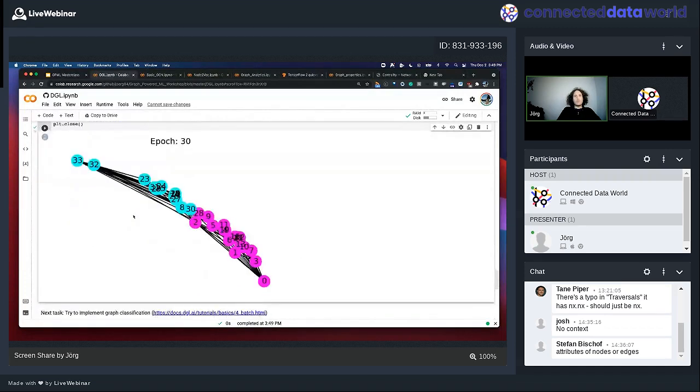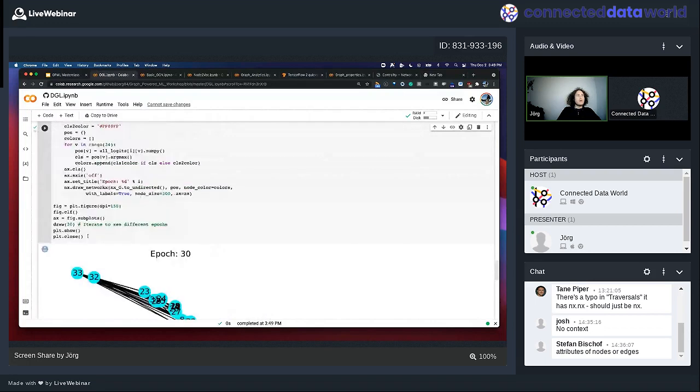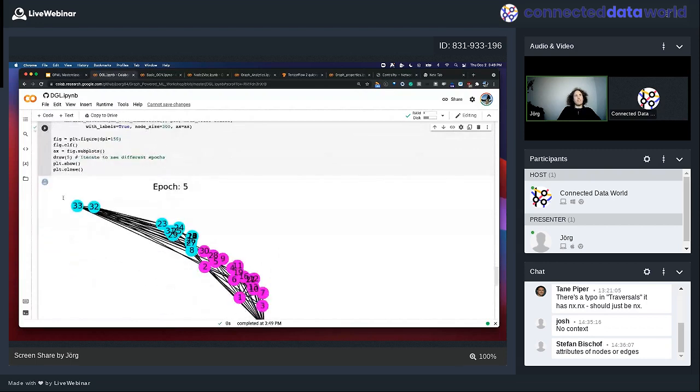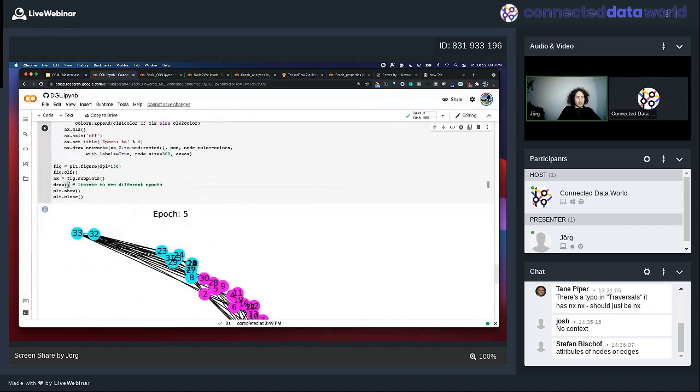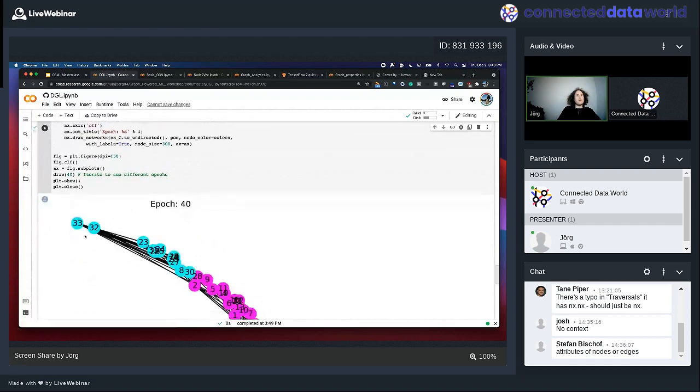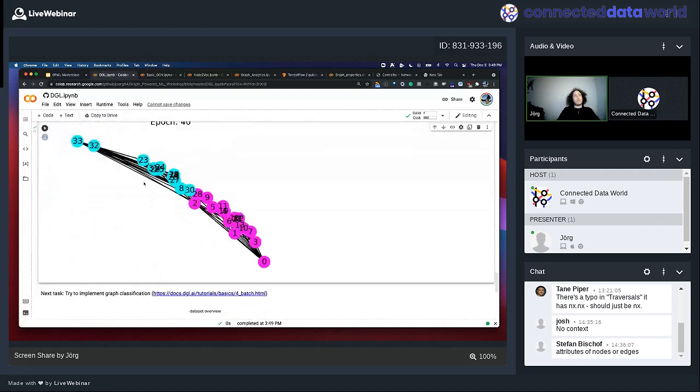It's not really changing too much right now. But here we can see with 5, they're already much closer to each other. And how many did we choose in total?